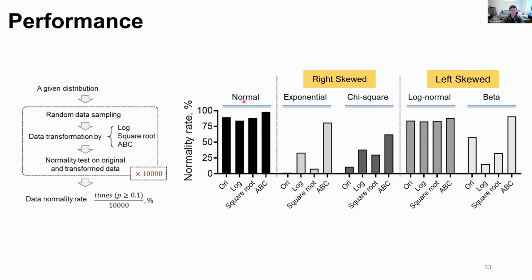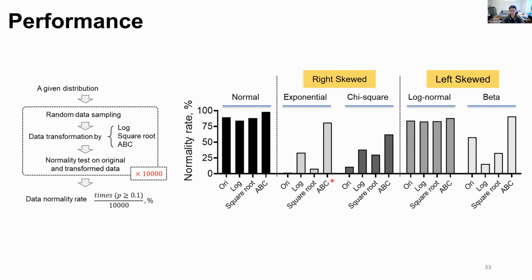Here, if the original data distribution is already normal, then we don't have much issue. The normality rate after the transformation is always good. However, when we have right skewed data, we find that the original values have zero normality, and even if you do log and square root, the normality rate is still very low.